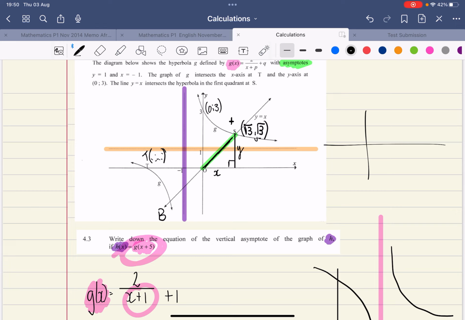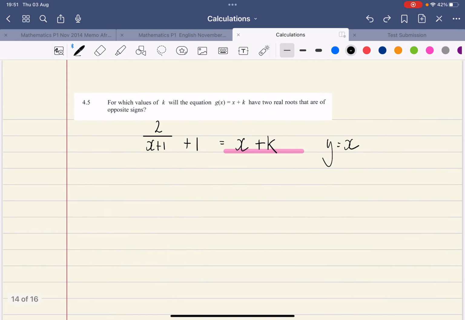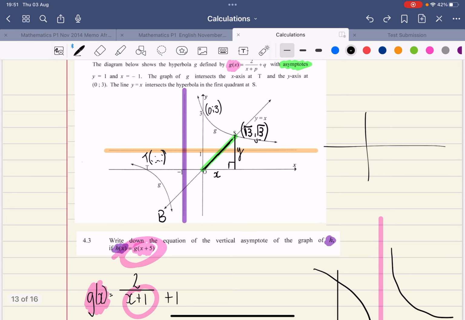This would be a plus x, and in fact it would be plus root 3. And this would be a minus x, because we're in the negative x region of the axis. So they ask for what values, emphasis on values, will this be the case throughout?